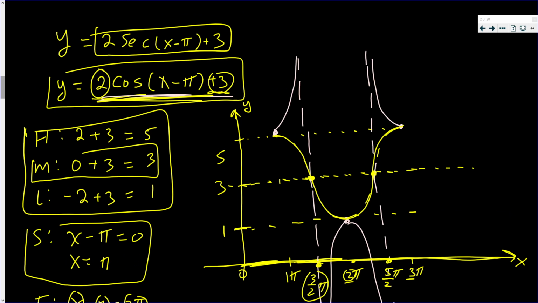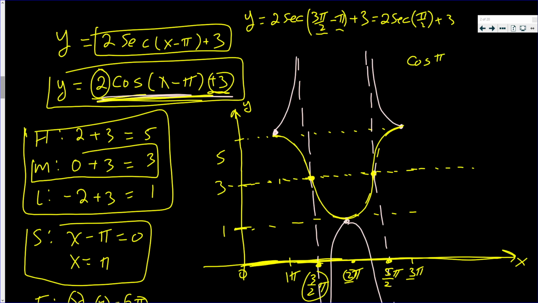We can try that. What does y equal when x is 3 pi over 2? 3 pi over 2, that's 1.5 pi, minus pi plus 3. Well, 1.5 pi minus pi is half a pi. Well, what is the cosine of pi over 2? That is, what is the cosine of 90 degrees?